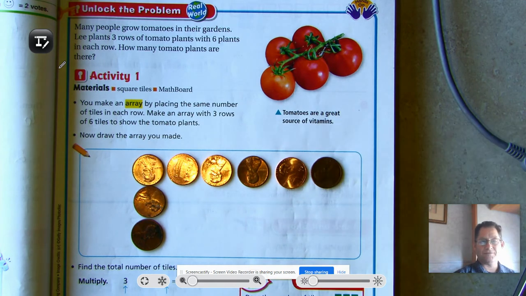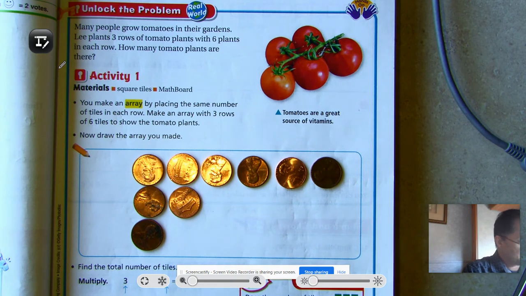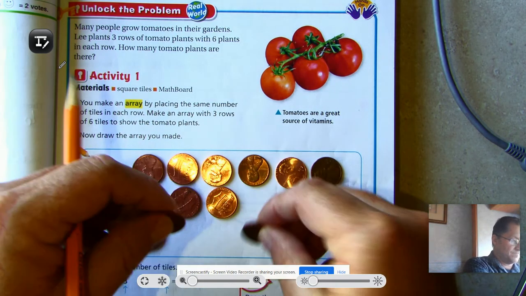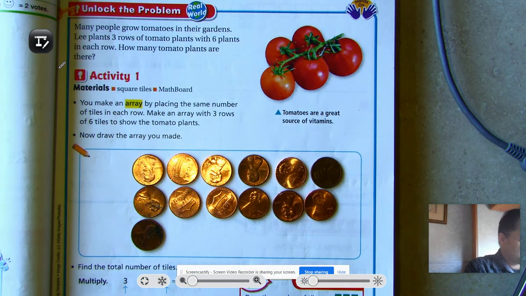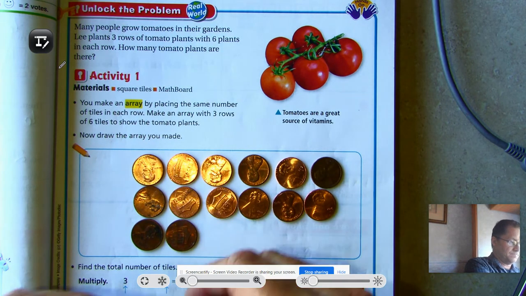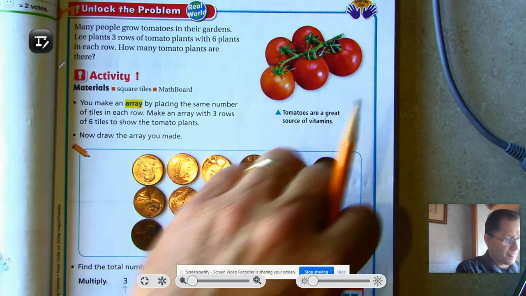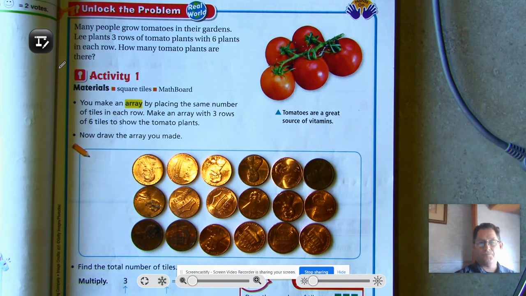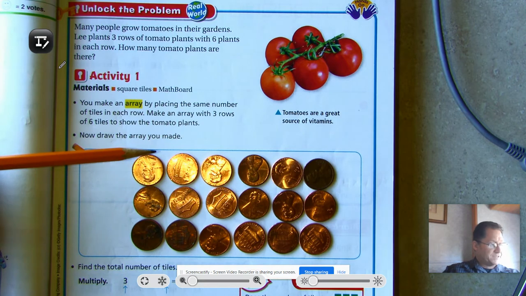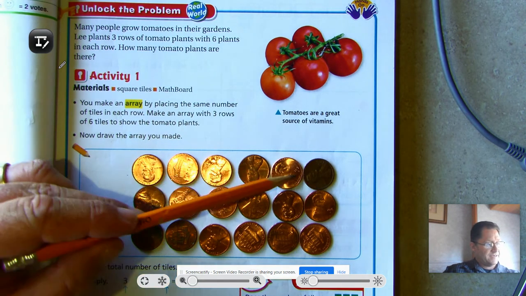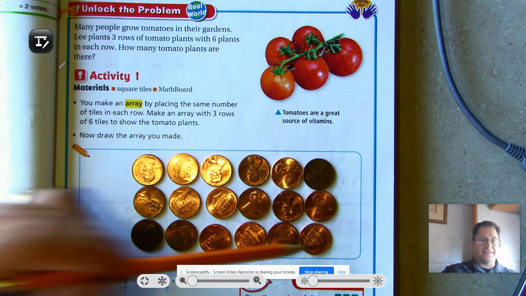So that's 1 row of 6. Now I have 3 rows. In every row there are 6 plants. 1, 2, 3, 4, 5, 6.